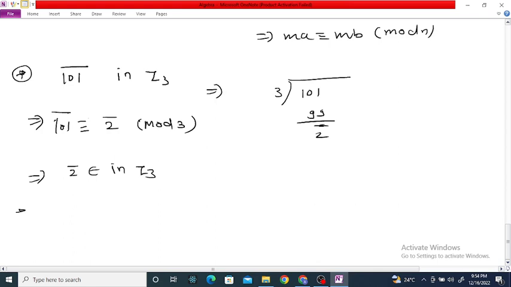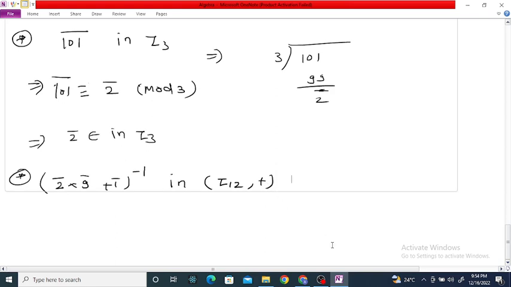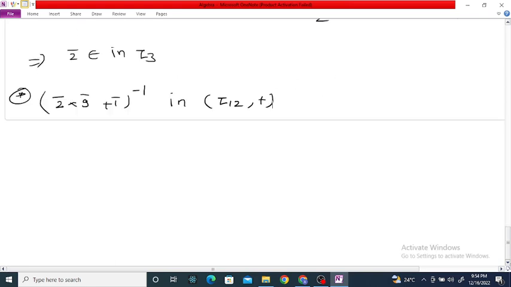The next example: calculate 2 bar into 9 bar plus 1 bar, the whole raised to minus 1, in Z12 under addition modulo 12. So in this set we want to determine the value of 2 bar into 9 bar plus 1 bar.